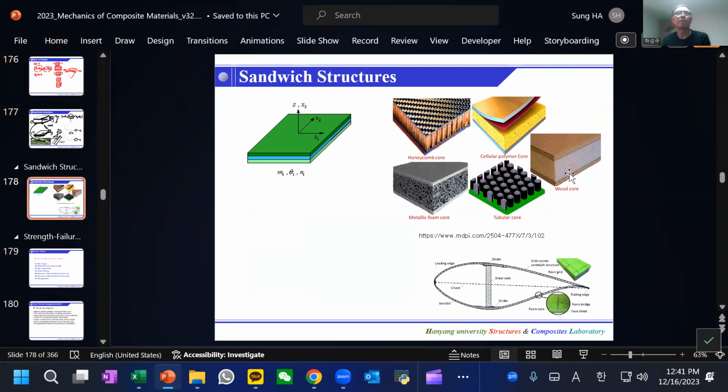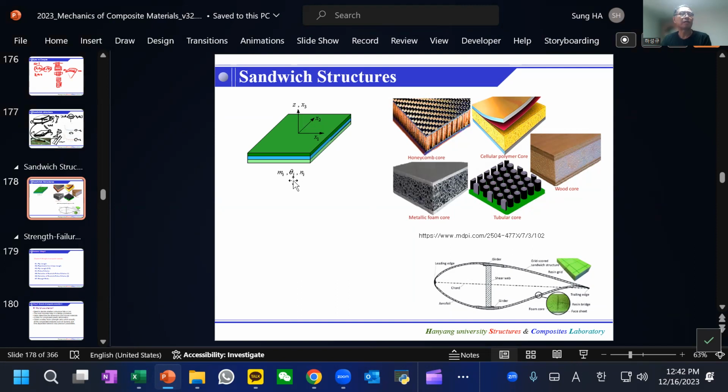The top and bottom we have some skin, and in the middle between the skins we have a core. The angle of a core doesn't mean much, because it's mostly an isotropic case.